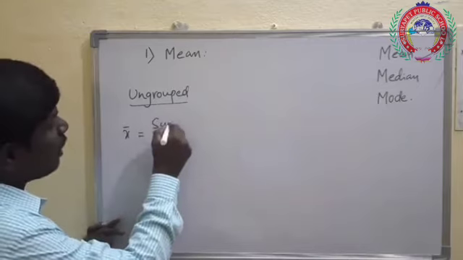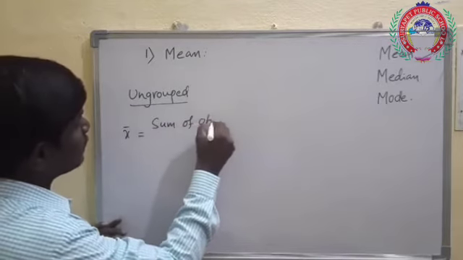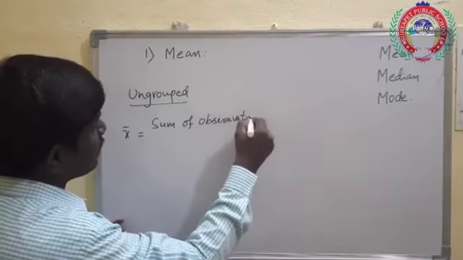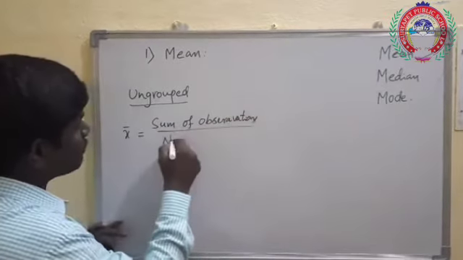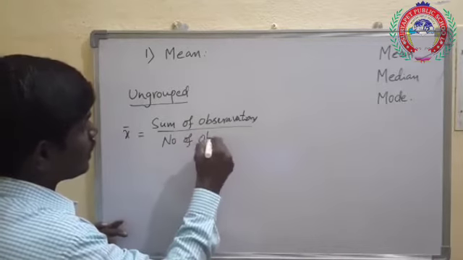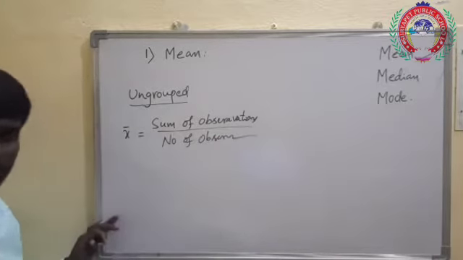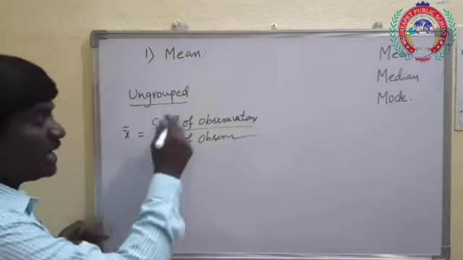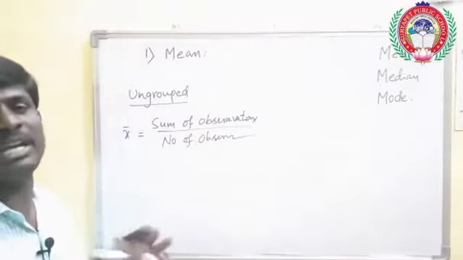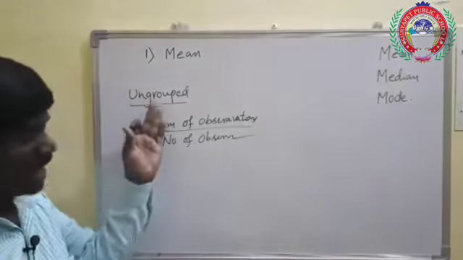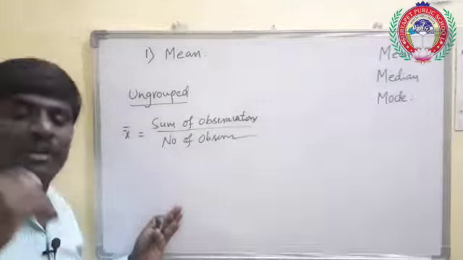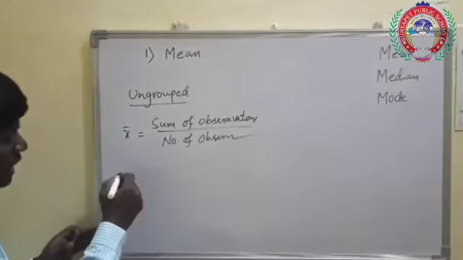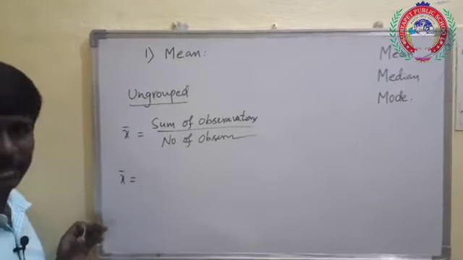So sum of all observations by number of observations. When observations are given with their frequencies, even in ungrouped data only, how can we find their arithmetic mean?